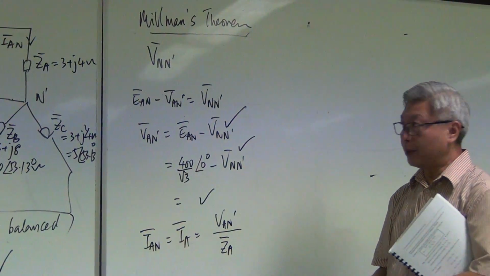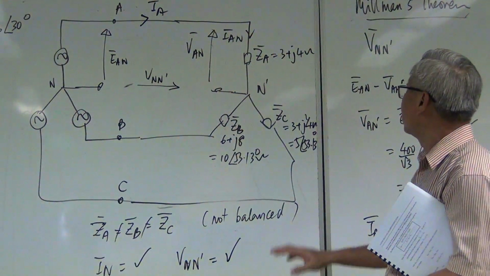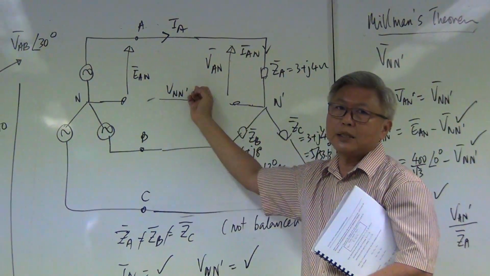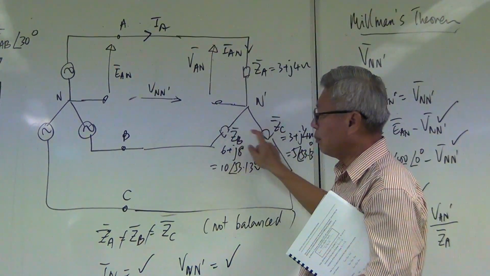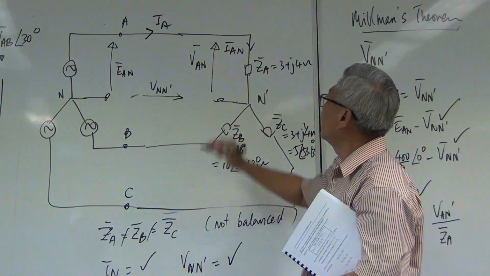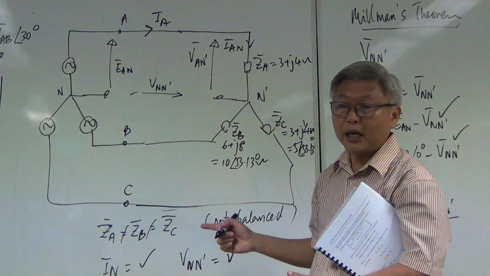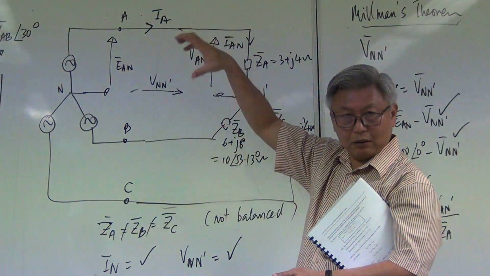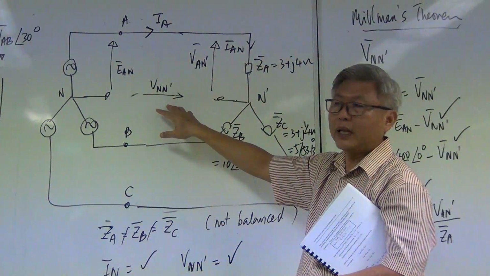Got it? Let me repeat. What I'm teaching you now is called Millman's theorem. Millman's theorem says if the neutral wire is removed and the circuit is not balanced, meaning the three impedances are not the same, then this voltage here, Vnn', you need to calculate. First of all, use Millman's theorem to find this, the long mathematical expression that involved admittance.